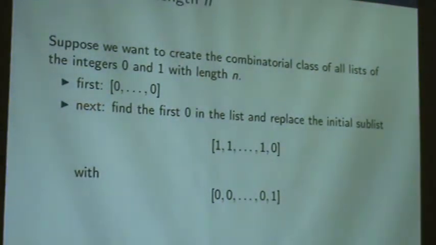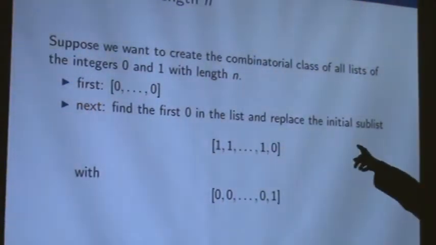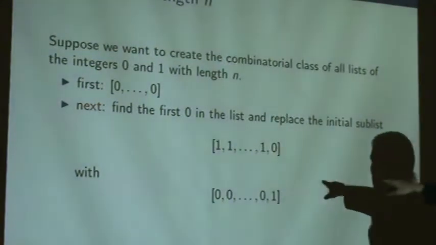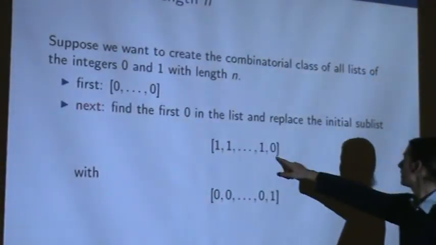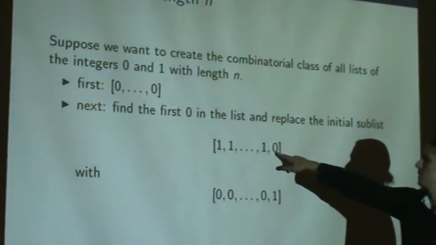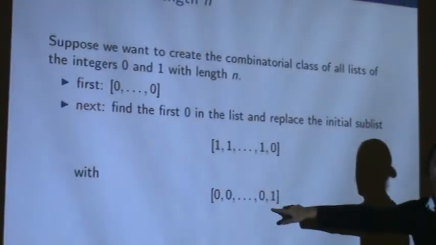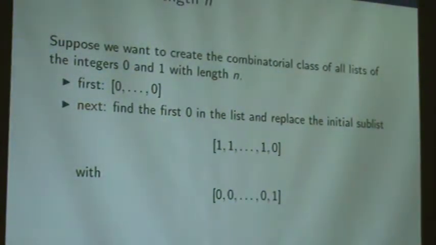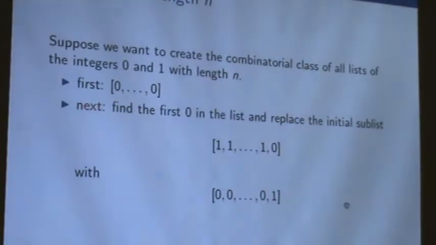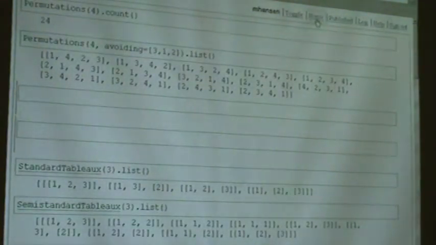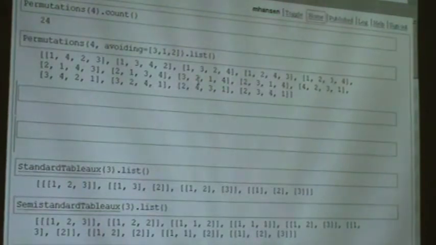How you do this is you say, find the first 0 in the list, and then replace this initial sublist, because here's the first 0, with this one. If you pull up the binary vectors worksheet, you'll have an example implementation of this class, which I'll show you here in a second.